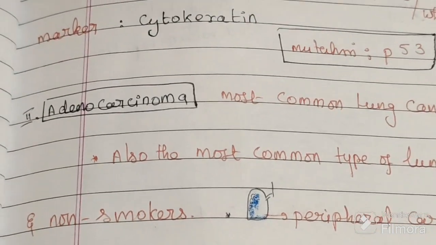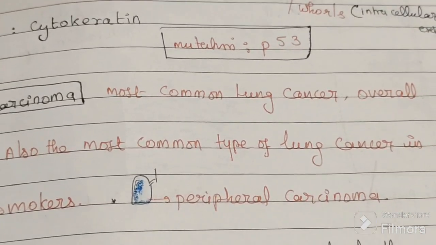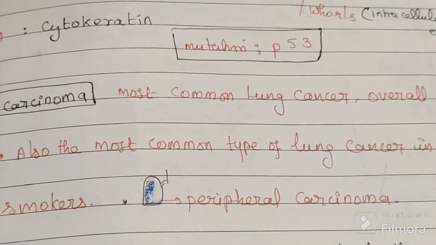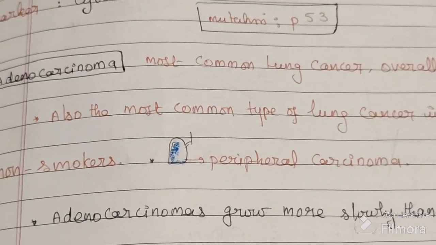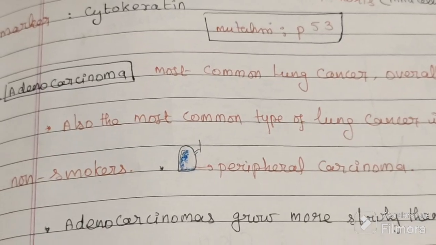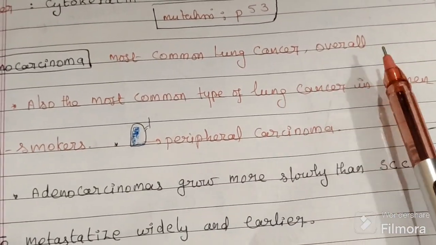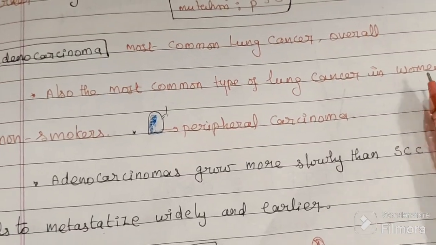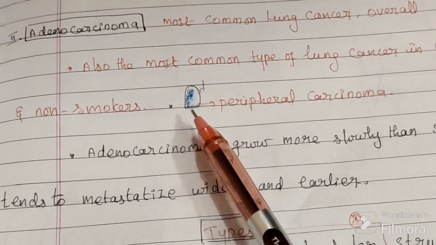Second one is adenocarcinoma. Overall, this is the most common type, affecting people worldwide, commonly women and non-smokers. It causes cancer in the peripheral region.